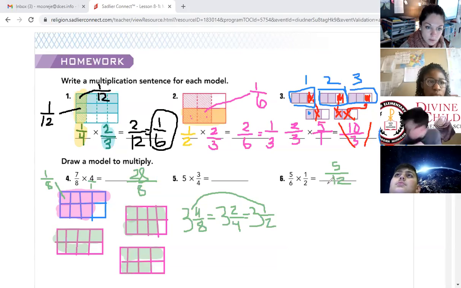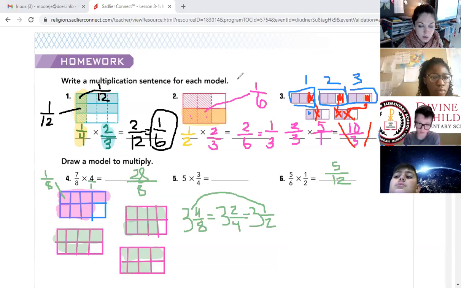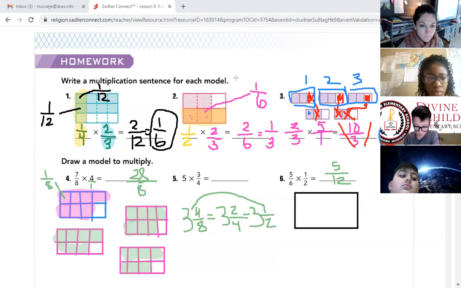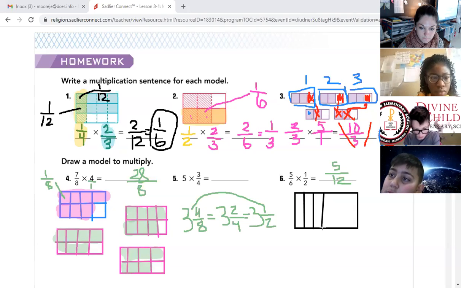Okay? So when I'm getting ready to draw a fraction of a fraction, I need to have a group representing one whole. And then I'm going to demonstrate this fraction going up and down, and this one going side to side. So 5/6 going up and down, I need 6 even sections, as even as can be. 1, 2, 3, 4, 5, 6.